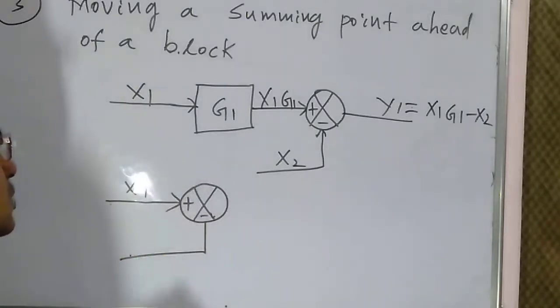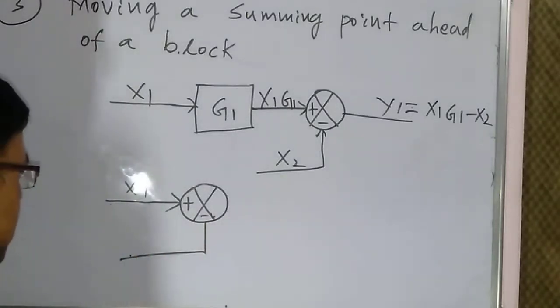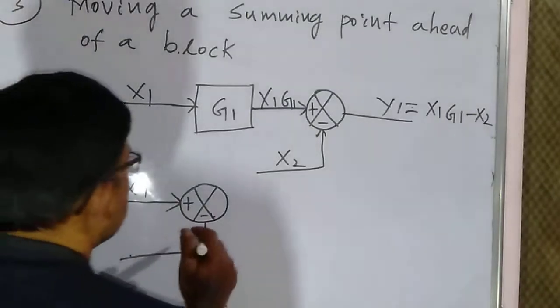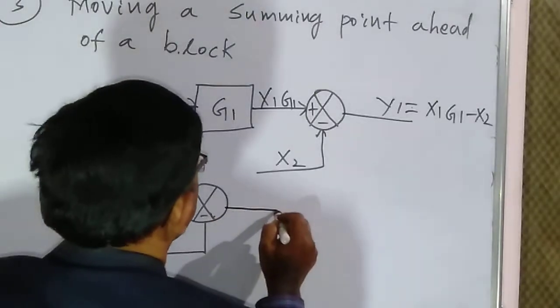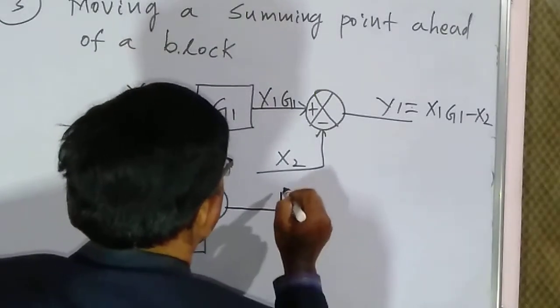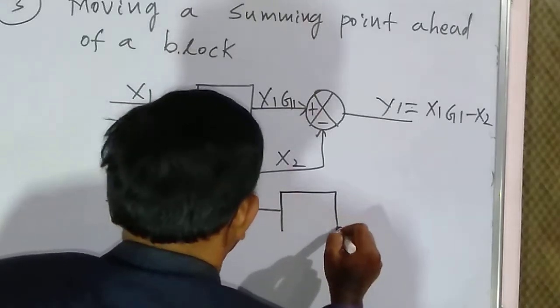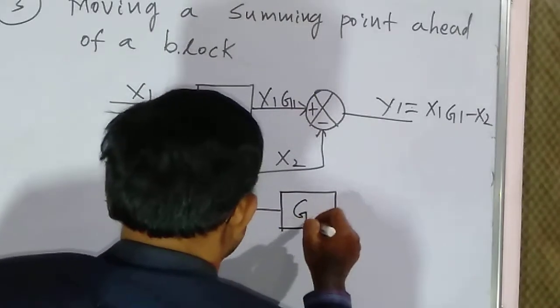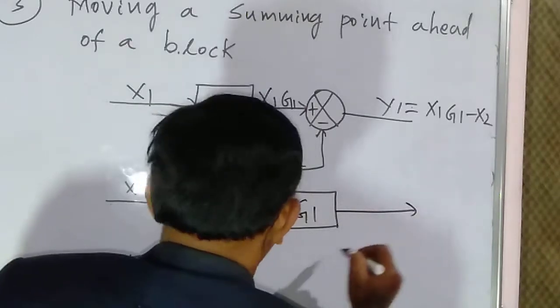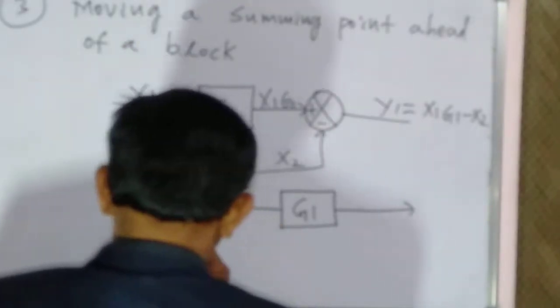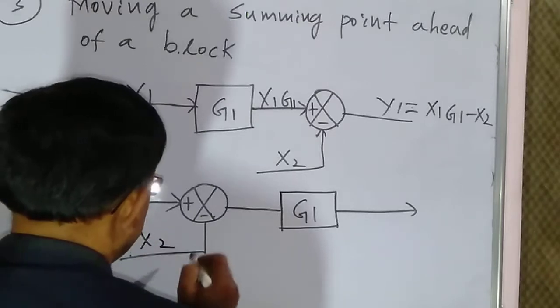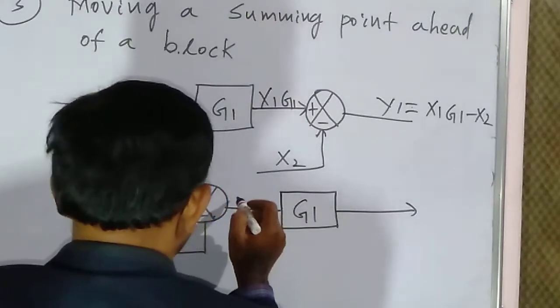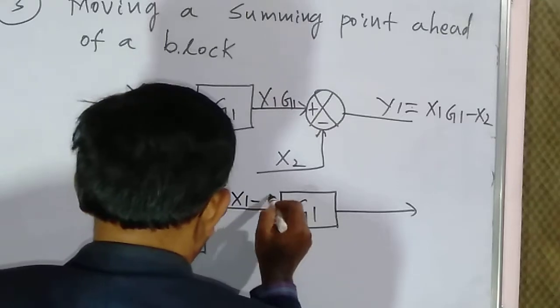Therefore here we can take this g1 common from x2. So now we'll get x1 minus x2.